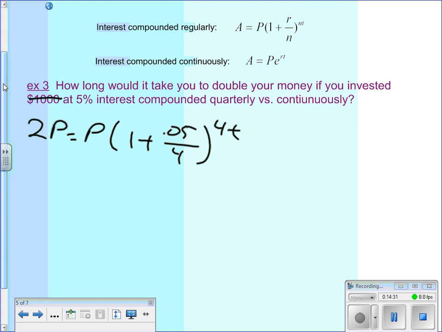Okay. To solve this problem, you need calculators. I'm not doing it by hand.